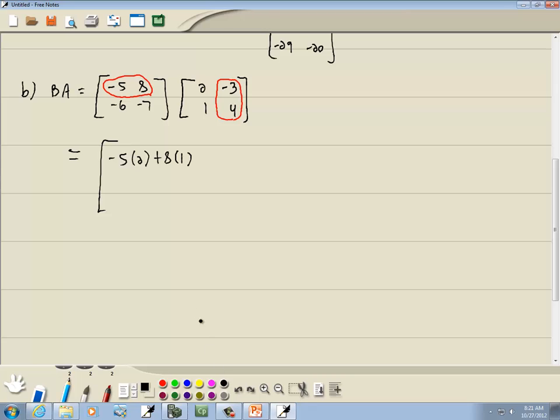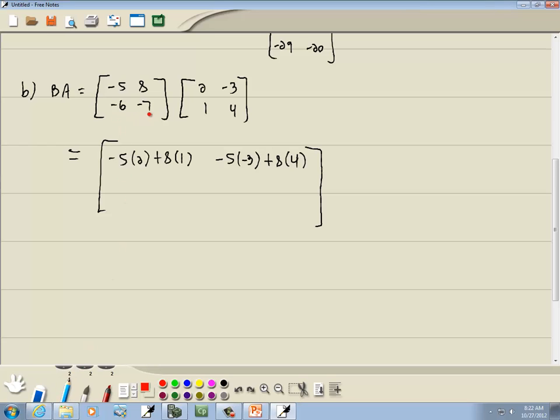That actually happens to correspond with this cell. Like this is A11, first row, first column. This one is A12, first row, second column. But anyway, -5 times -3, and 8 times 4. Oops, I've got to erase something else, don't I? There we go.